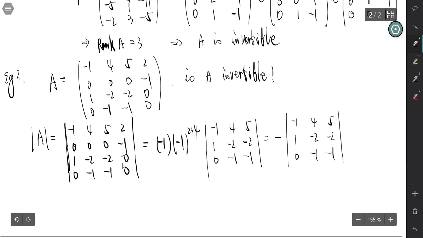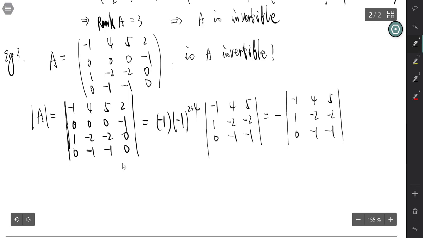And then we use the third column minus the second column. The third column minus the second column equals -1, 1, 0; 4, -2, -1. That is 1, 0, 0. So expand. Oh, that's negative. Expand this determinant by the third column.